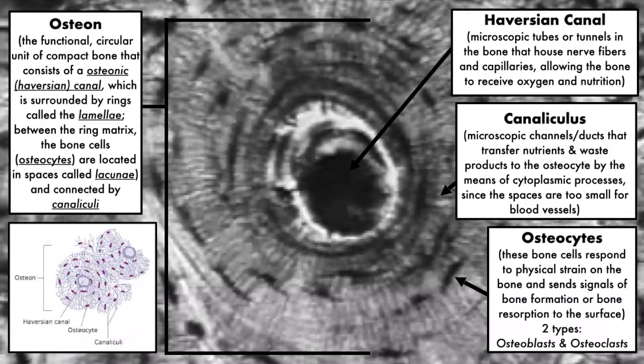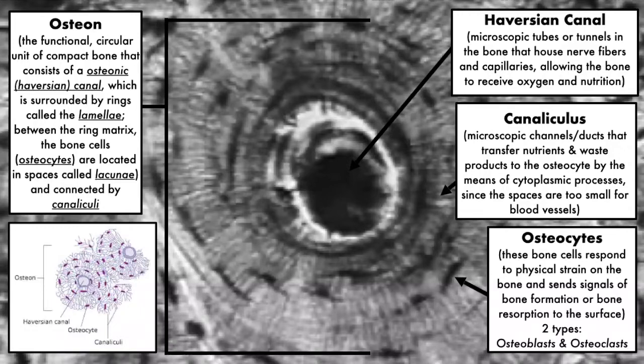Remember, osteo means bone, cyte means cell. These bone cells actually respond to the physical strain of the bone. They send signals throughout the bone, and they work with the formation or breakdown of the bone.